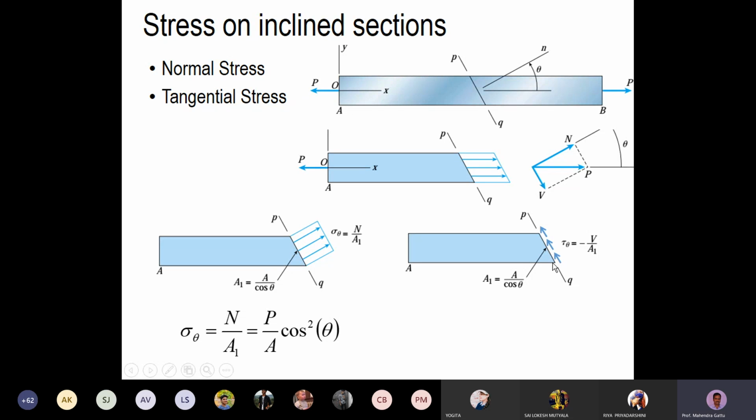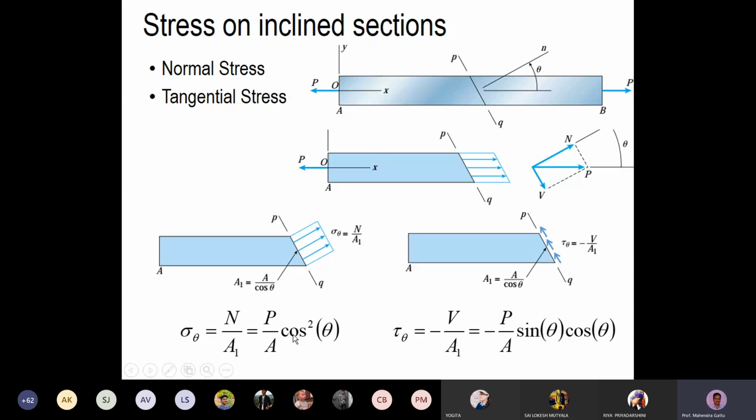Again, A1 is A by cos theta, and V is P sin theta. So we have minus P sin theta by A by cos theta. So cos theta will go up, and we'll get the tangential stress as minus P by A sin theta cos theta. That means you reverse this arrow in the downward direction and then put a positive value. Both are the same. Or you can say tau theta is acting up the incline with the magnitude of minus P by A sin theta cos theta.